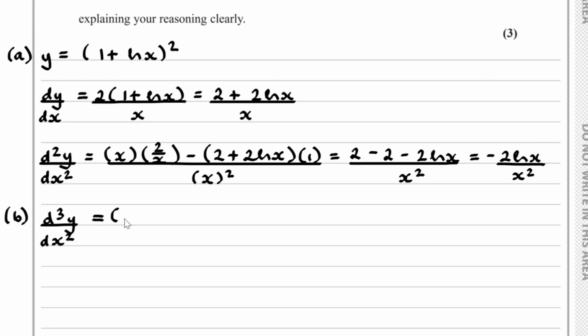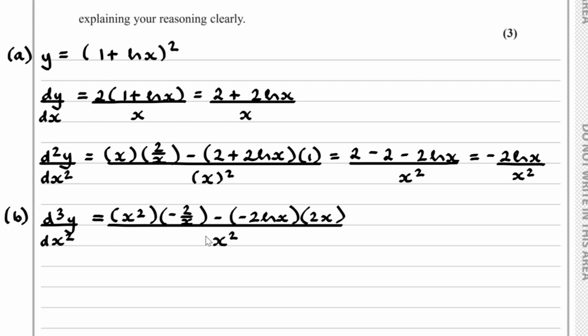So we've got v times by u dash, which is minus 2 over x, minus u, which is minus 2 times the natural log of x, times by v dash, which is 2x, and then we divide by v squared, so we divide by x squared squared. So if I simplify, we've got x squared times by minus 2 over x, so that's minus 2x.